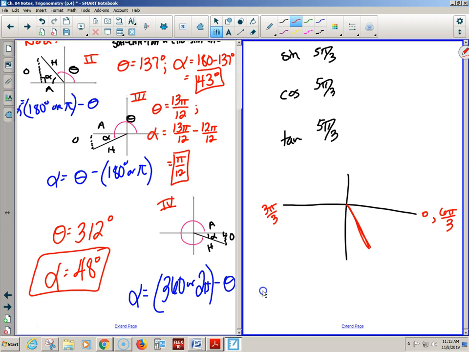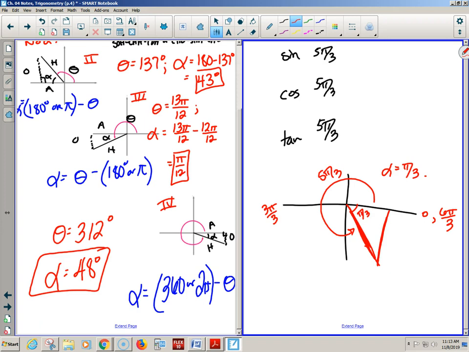So even though my angle is way out here, my 5 pi over 3, maybe you guys realize that we would be looking at the triangle of pi over 3. The reference angle to 5 pi over 3, my alpha, is pi over 3, so I get to think about a pi over 3 triangle just in the 4th quadrant.